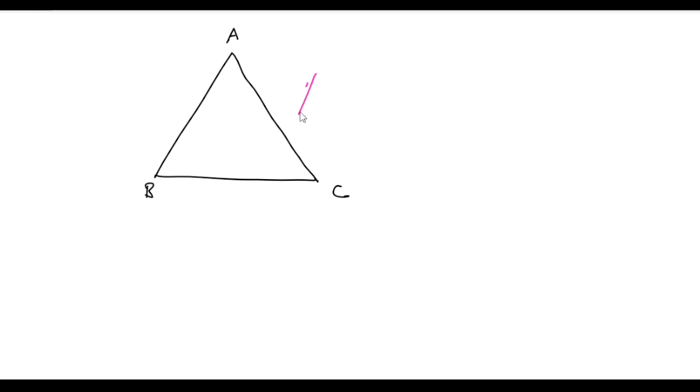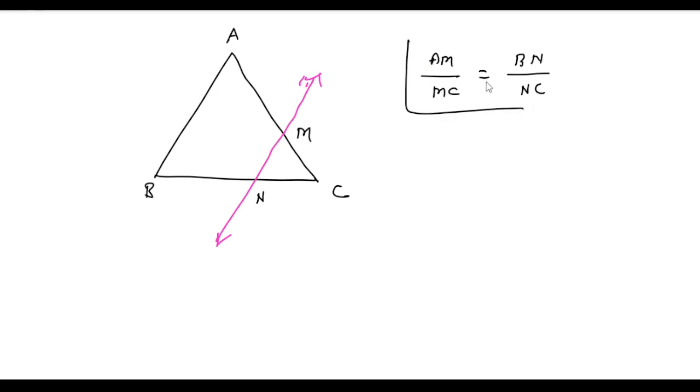The parallel line will go like this, and it will intersect the other two sides at some points, say M and N. Then the ratio AM to MC will be the same as the ratio BN to NC. This is called the basic proportionality theorem. AM ratio MC is equal to BN ratio NC.